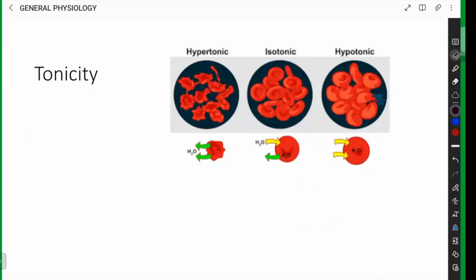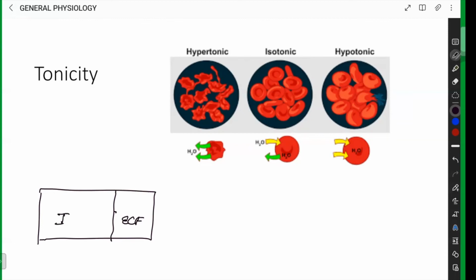At a steady state, ECF osmolarity and ICF osmolarity are equal. Just remember, this is your ECF and this is your ICF. The osmolarity between the ECF and ICF has to remain equal.